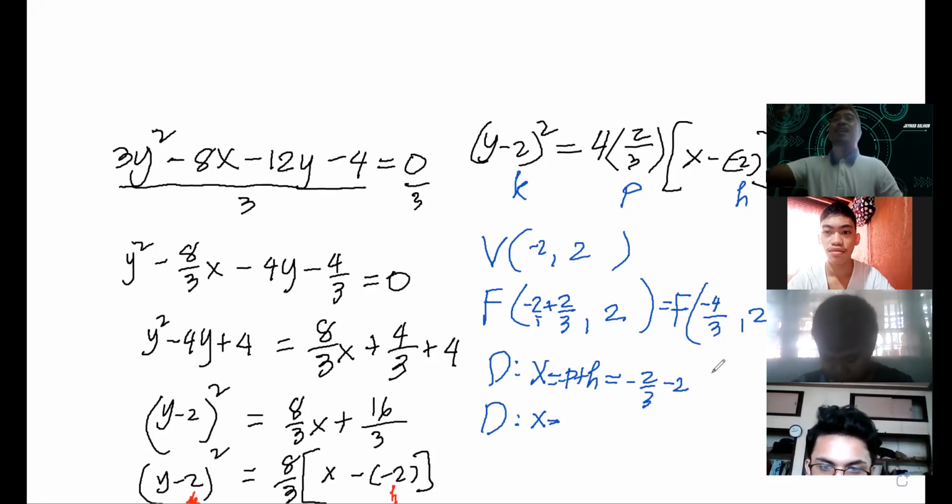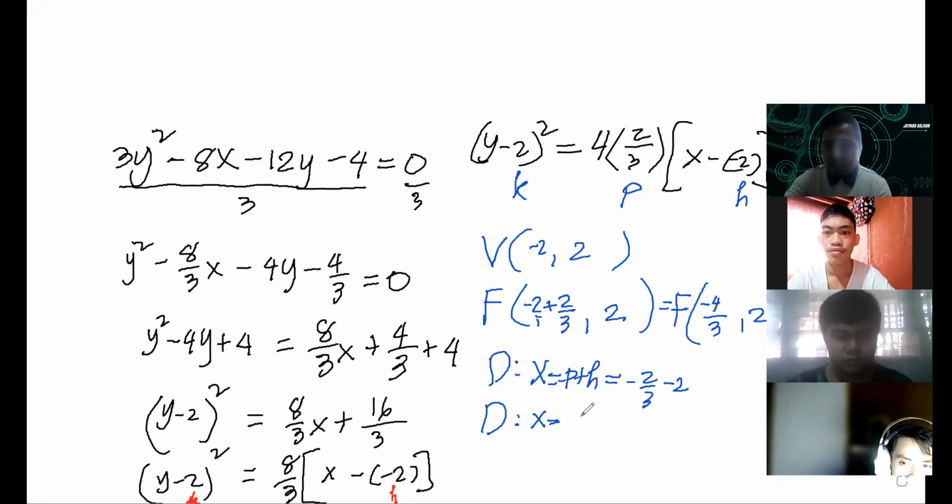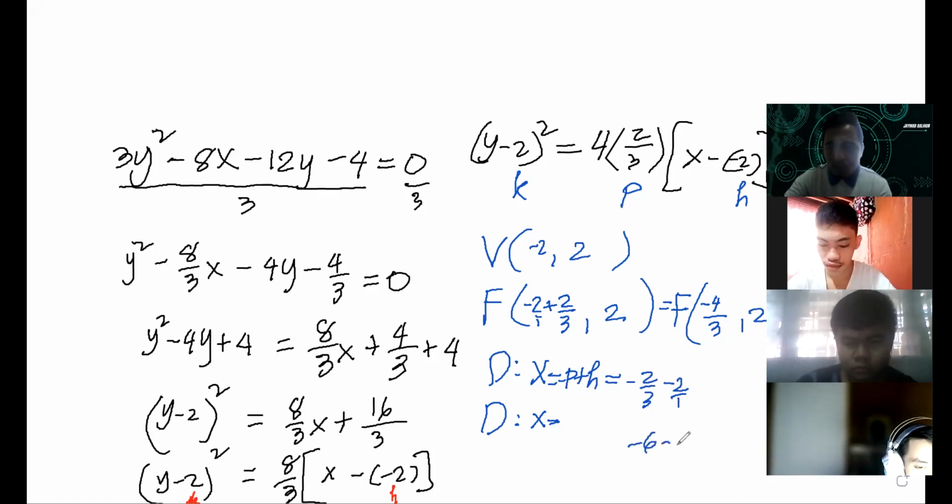-8/3. So what is the answer? Who answered earlier? -4/3, sir. If you look at here, that is -6, right? This is -2. And this is 3. So it should be -8/3.